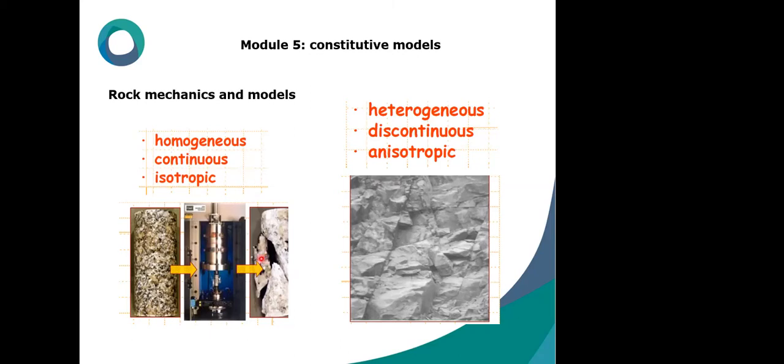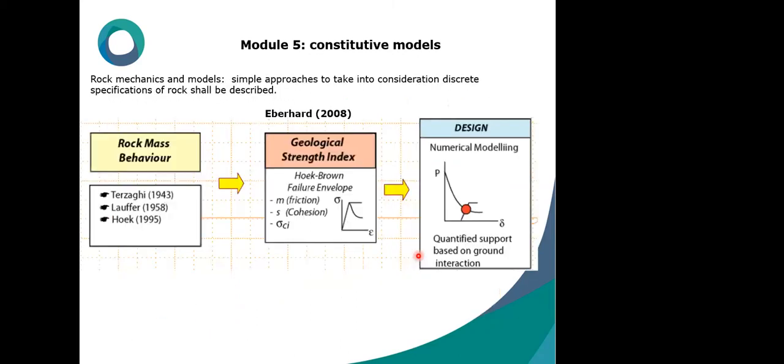Here, you can compare soil to the rock. And simple approaches to take into consideration the discrete specifications of rock shall be described. Rock mass behavior is the first step.